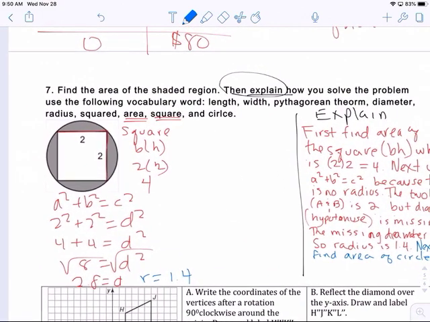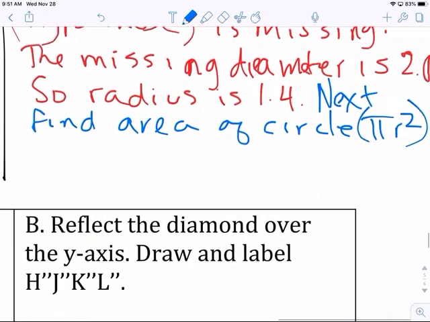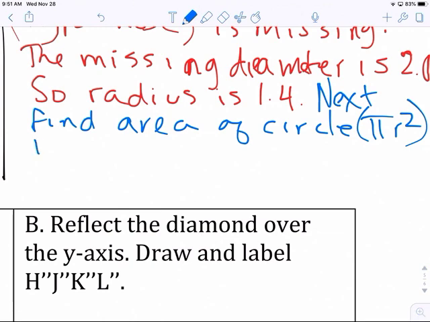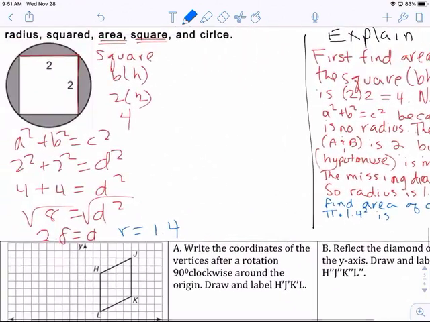It didn't say to use 3.14 for pi, right? So pi times 1.4 squared is equal to, let's see, I need to use a different calculator.